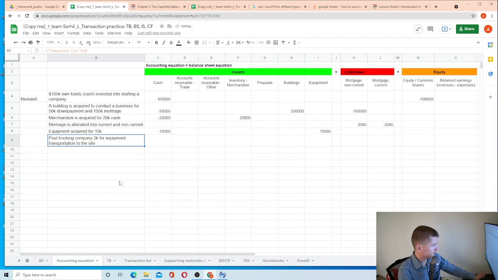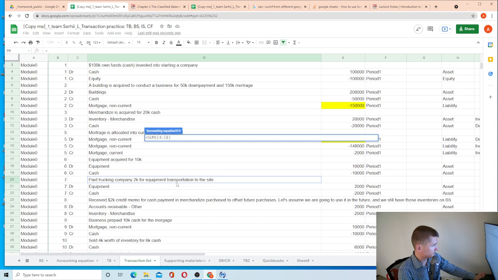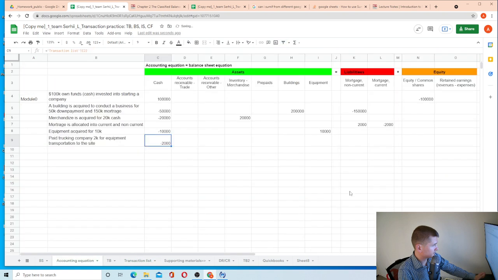If you remember, that transaction was a bit tricky, so we paid with cash, and that should be 2,000 cash credit, and we capitalize that because accounting standards on property, plant and equipment say that we need to capitalize cost, including acquisition cost, cost of transporting the asset to the operation site, and the expenses related to bringing the asset into operating condition.